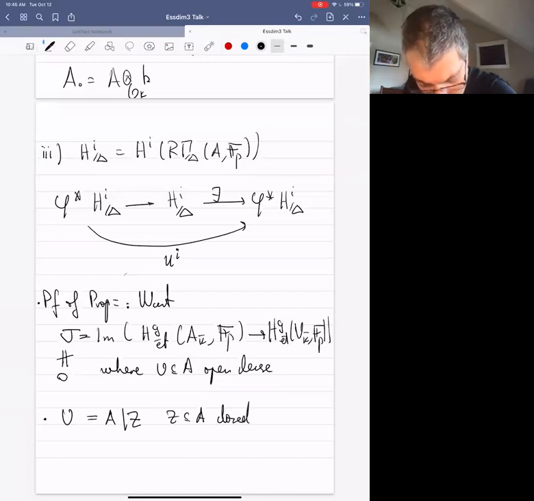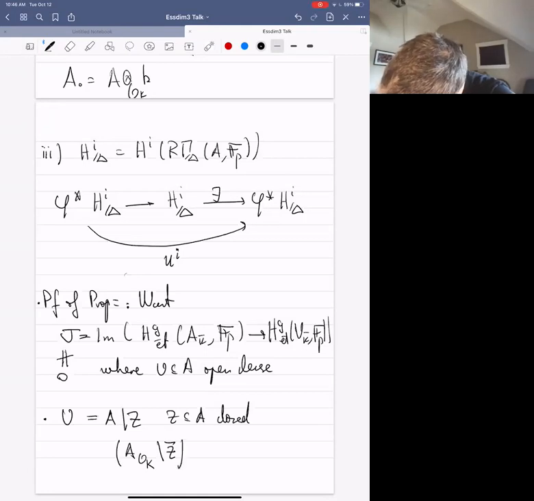And what I can do is I can look at the abelian variety over O_K. I can take the closure of Z, right? And so that's some open subset, and I can form its p-adic completion. And that's what I call U hat.